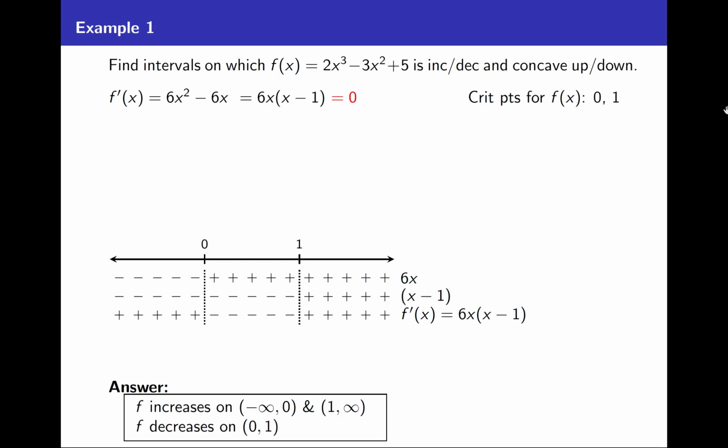We learned today that concavity is determined by the sign of the second derivative. So we need to compute the second derivative, the derivative of 6x squared minus 6x. So f double prime of x is 12x minus 6. We are now going to do with the second derivative exactly what we did with the first derivative.